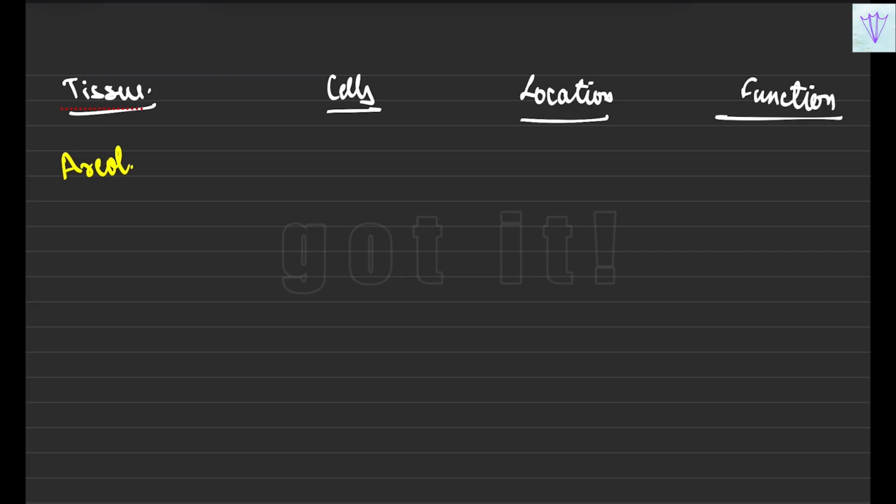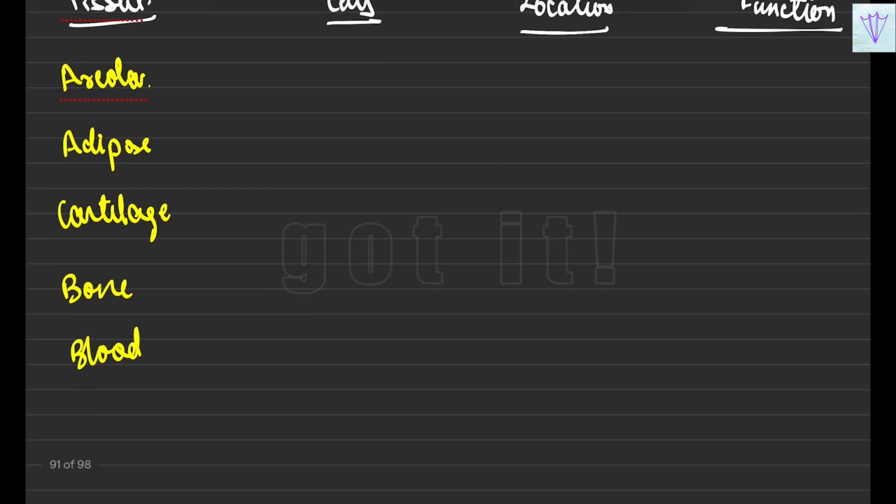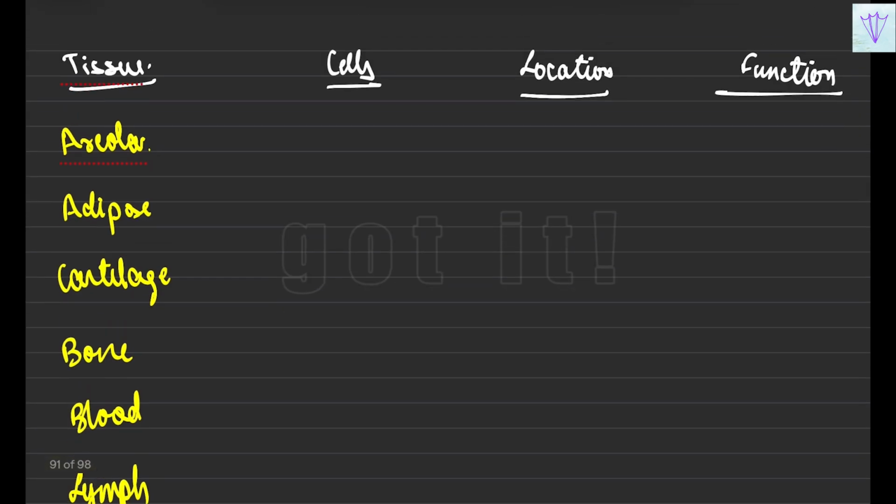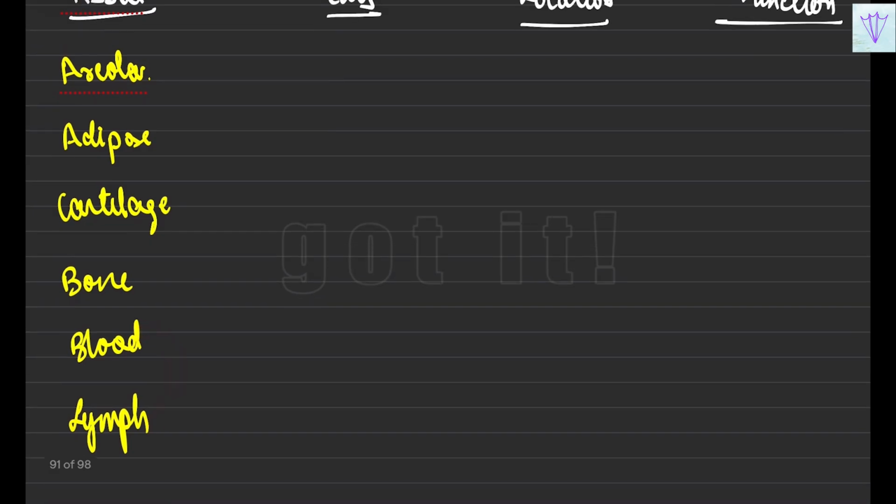We have studied the areolar tissue, adipose tissue, cartilage, bone, blood, lymph. So these both are proper connective tissues, these both are supportive connective tissue, and this is fluid connective tissue.